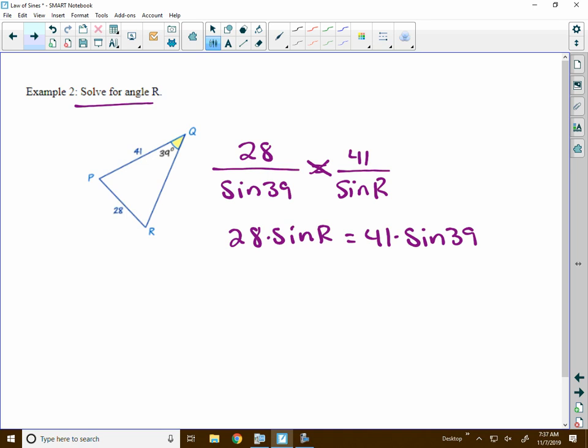Now in this case, we're trying to get R all by itself. Now, the tricky part is these are attached right now. So treat sine R like it's one thing, you can't split it up. Okay? So we would divide by 28.